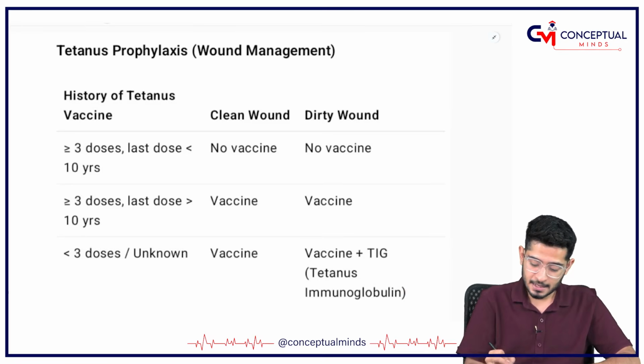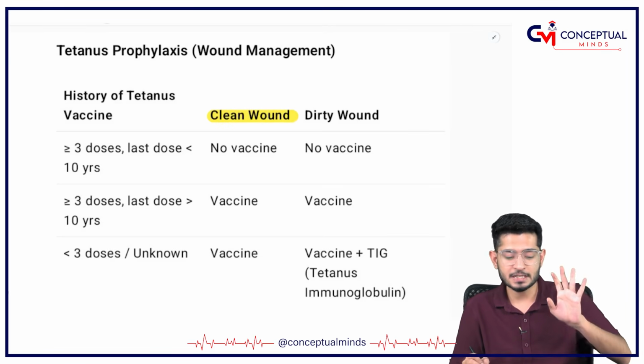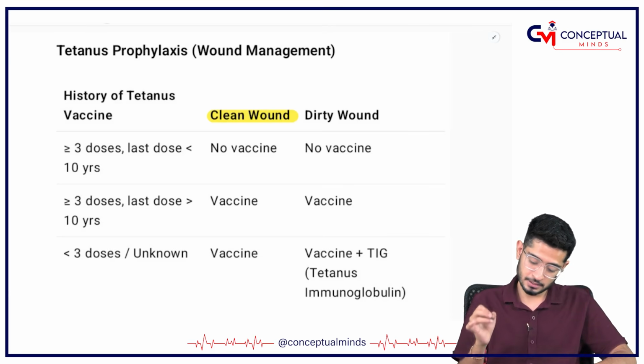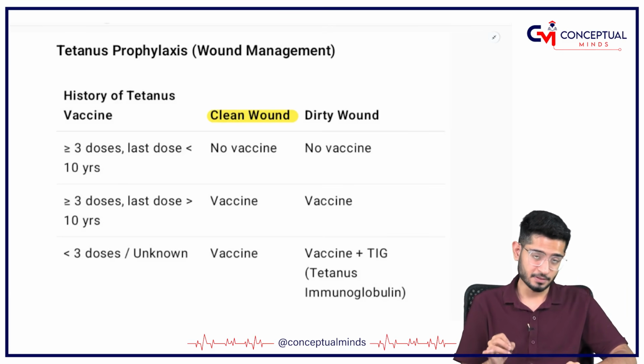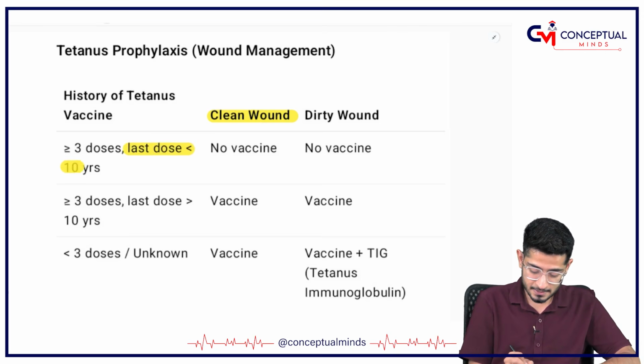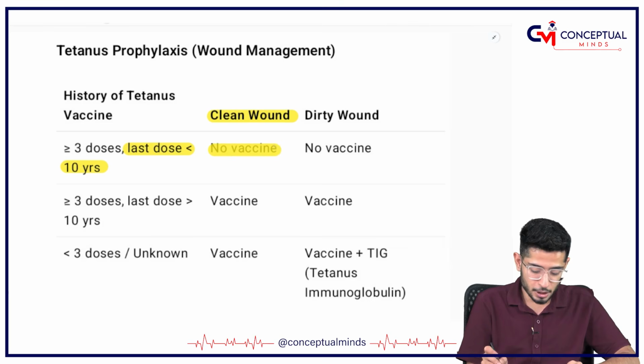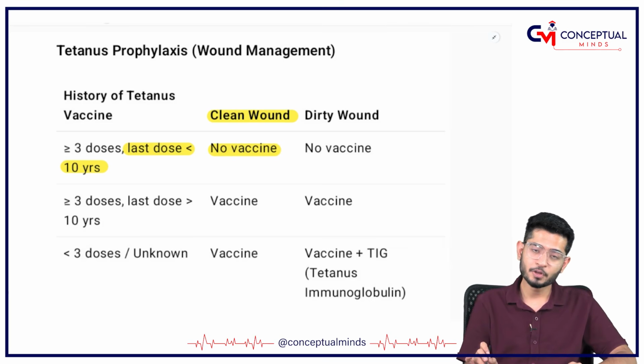So please understand, if the wound is a clean wound, you will have to check the history. If the person has received the vaccine in the past, in less than 10 years, the last dose was given in less than 10 years and the wound is clean, then you are not supposed to give any vaccine, okay.